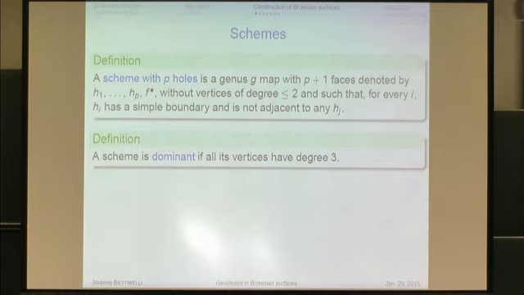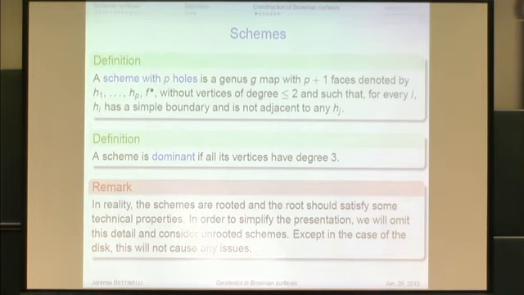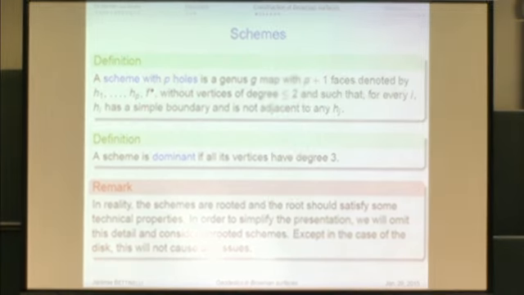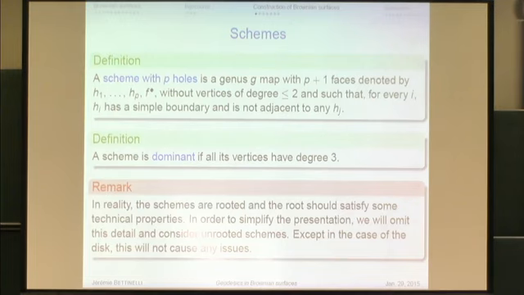You will see in a moment why I do that. And just a remark, I simplified the definition a bit, because if you want to be totally rigorous, you need to add a root edge, and it has to satisfy some more complicated relations, but I don't want to go into details here.